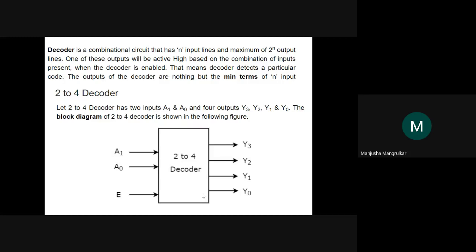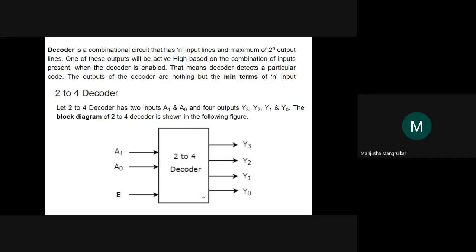Now here is just the reverse condition: n inputs, and your output will be 2 to the n. The demultiplexer is different in that there is only one input and n number of outputs: 4 outputs, 2 outputs, 8 outputs, 16. But here there are multiple inputs and multiple outputs, depending upon the formula of n number of inputs and 2 to the n number of outputs.